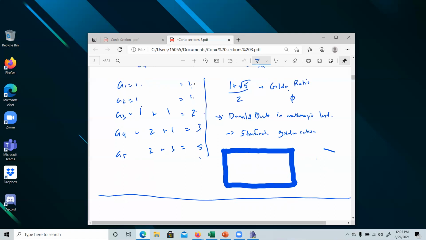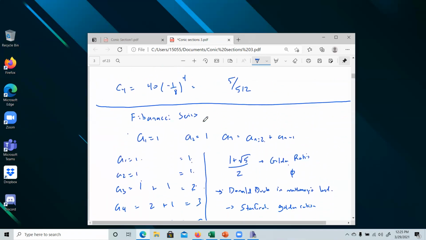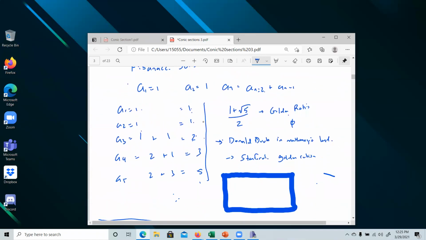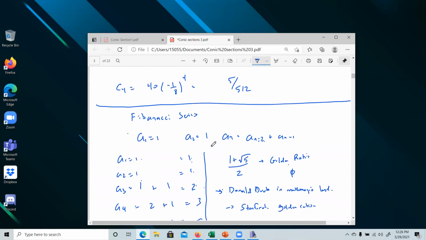In art, maybe I'm a little more skeptical, but in nature you will see this, like how seeds get put into a sunflower. There's a lot of study on the golden ratio. If you ever take liberal arts math or math and art, they're going to do this a lot.